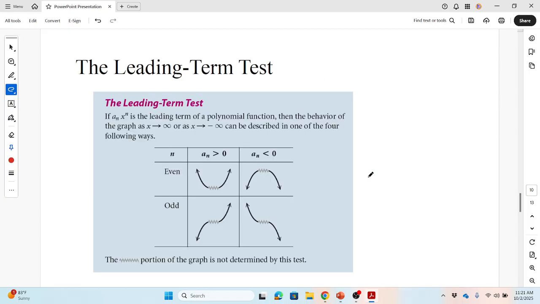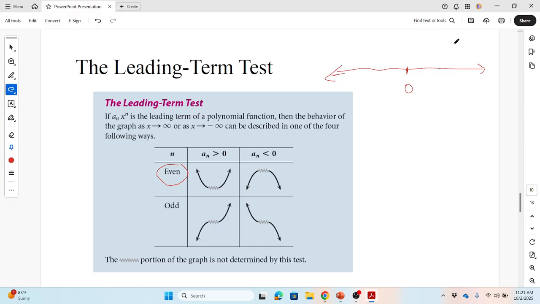When we try to plot the graph, we also have to be mindful. If the polynomial has an even degree, then the graph is supposed to be either like this or like this. Whenever we try to plot the graph, let's say here is the coordinate system, to the extreme right or to the extreme left, there is a certain type of behavior the graph is going to follow.